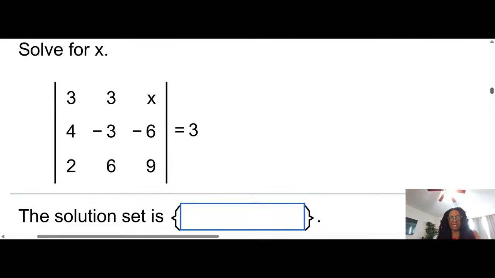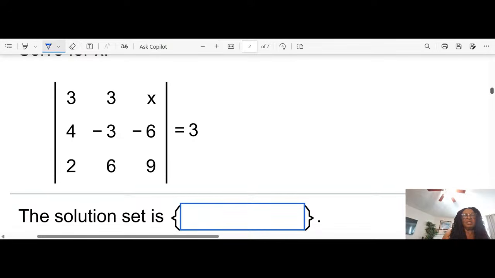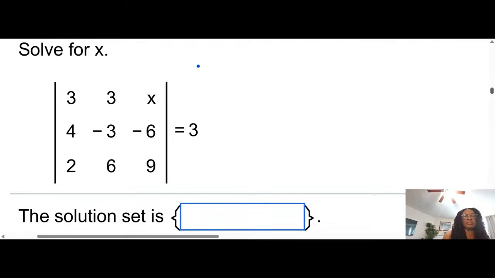There are several methods. I am going to start with method one. The first thing I want to do is create the matrix of signs.